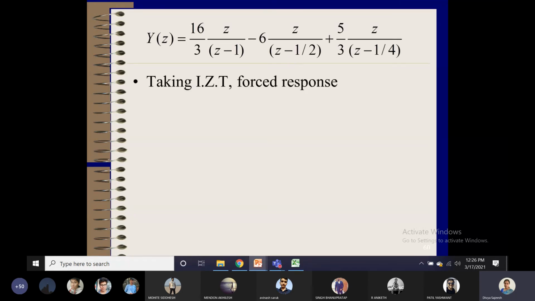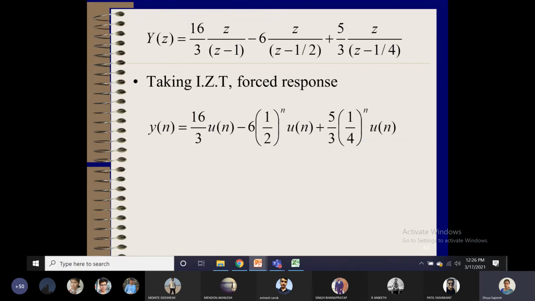The forced response of the system will be 16/3 u(n) minus 6 into (1/2)^n u(n) plus 5/3 into (1/4)^n u(n). So this is the forced response by applying a step input to the system, that is neglecting the initial conditions and applying a step input to the system. This is the forced response obtained.